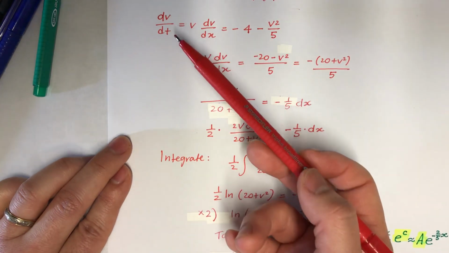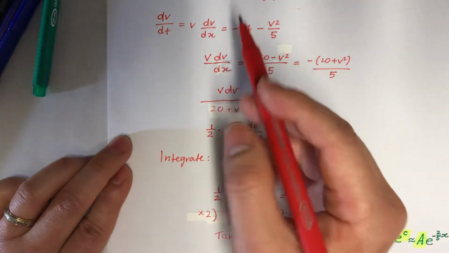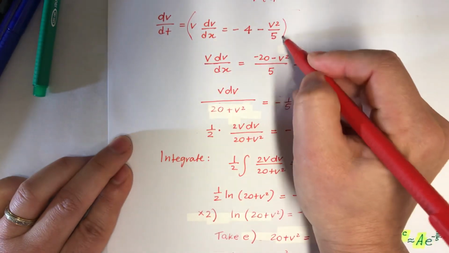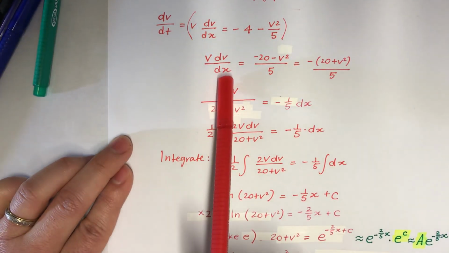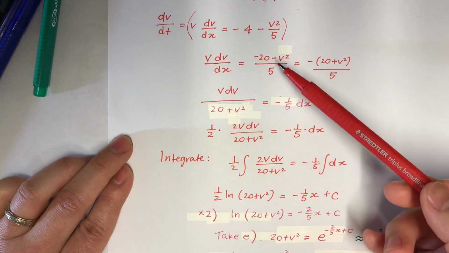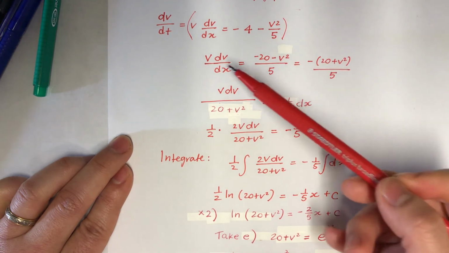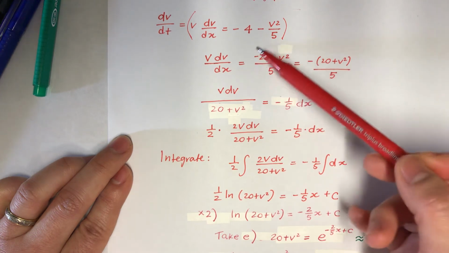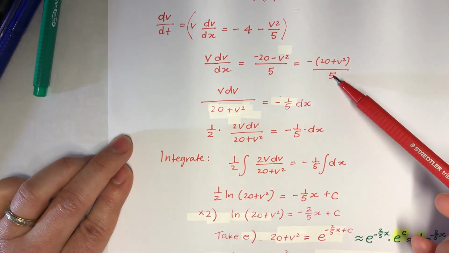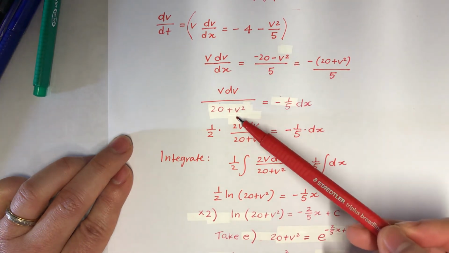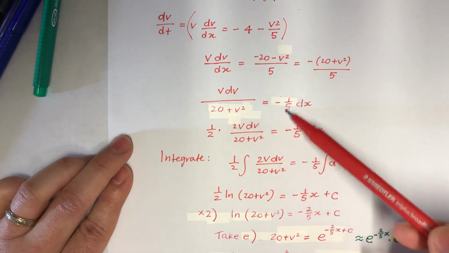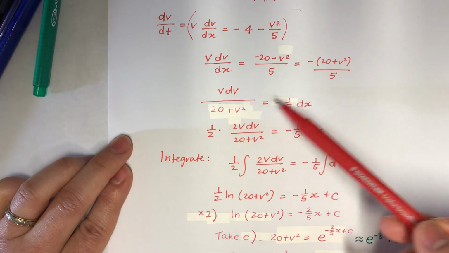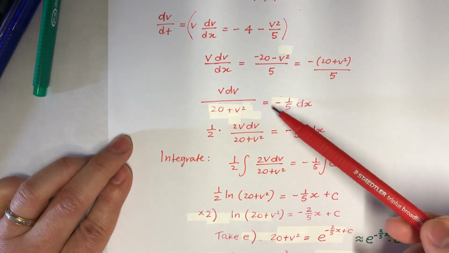So I'm going to use dv over dt, that one there. Obviously what we've done is make this into one fraction, so that's what I've got. Okay, now here I wasn't really happy with what I was doing, so I just changed it.